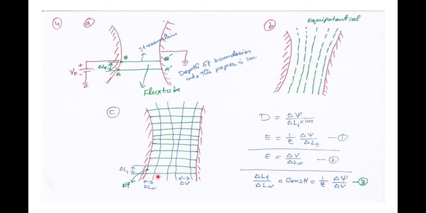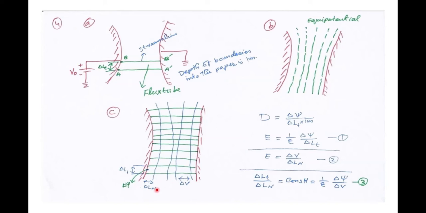The side of one curvilinear square along the boundary is denoted by delta LT. Remember that the depth of this conducting boundary into the paper is 1 meter. In the normal direction, the side of the single square is denoted by delta Ln.